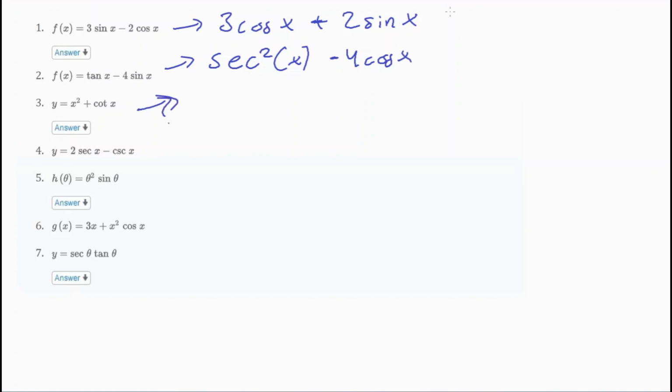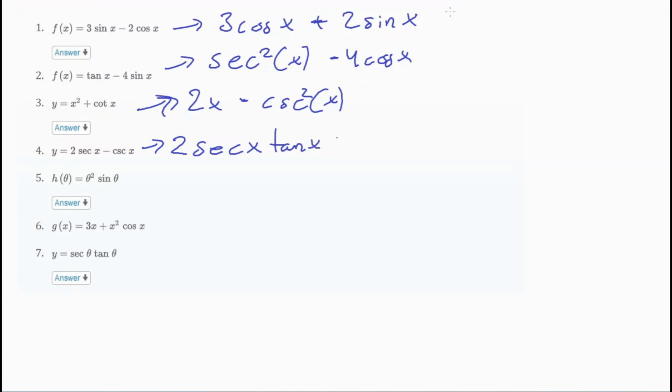And then we have x squared plus cotangent x. So the derivative of x squared is going to be 2x. And if you remember, the derivative of cotangent is going to be negative cosecant squared x. And then now we have number 4, which is 2 secant x. The derivative of secant x is secant x tan x.